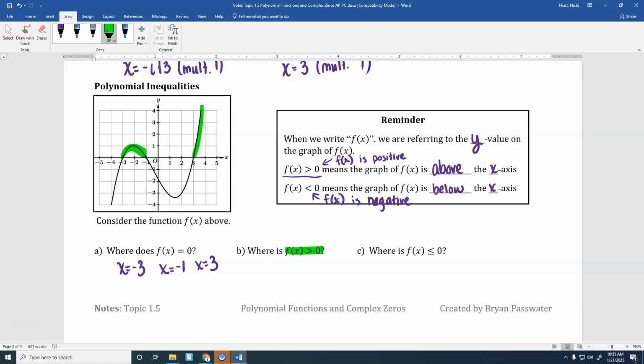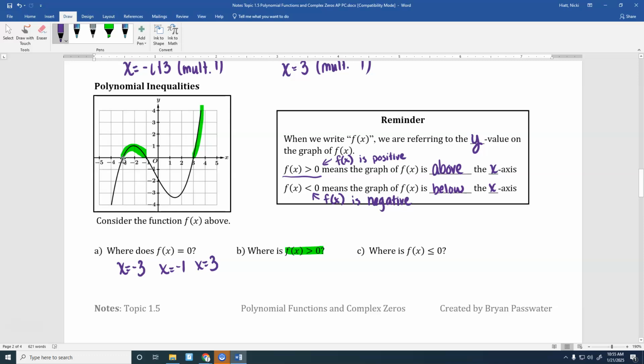And when they ask you a question like this, they want to know the domain where that happens, so your x coordinates. And here is a place where the brackets versus parentheses matter. They ask us for where f of x is greater than 0. At negative 3, the function equals 0.